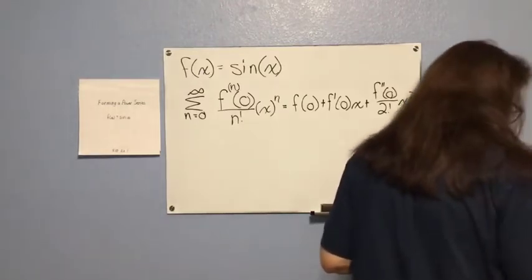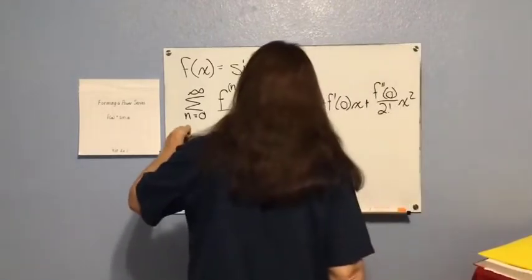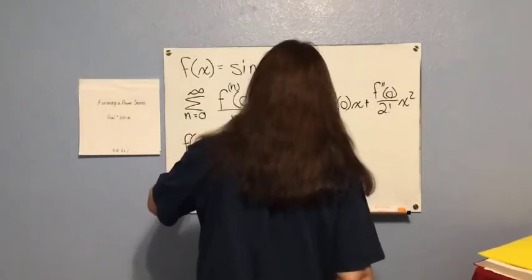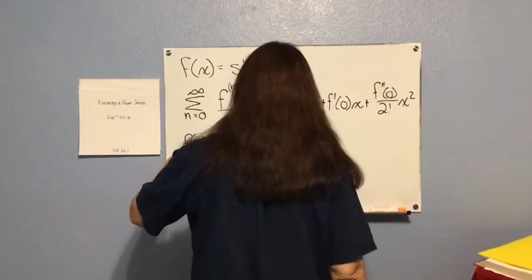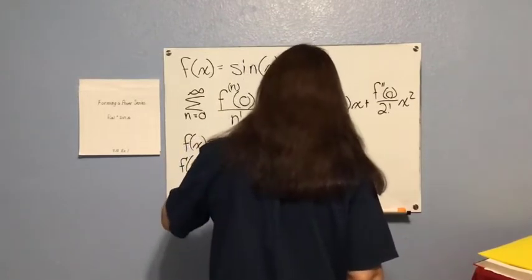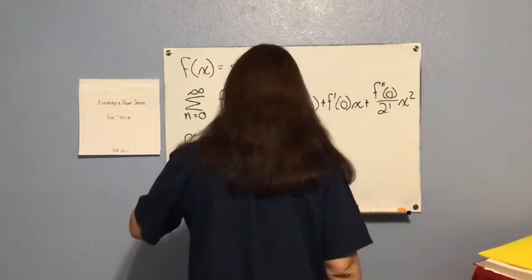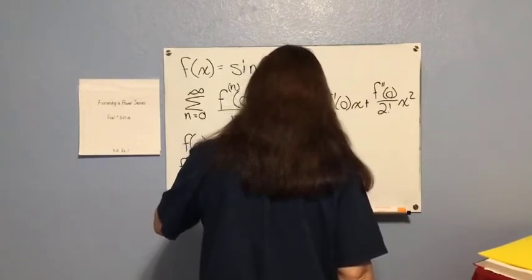So first we want to take some derivatives of f. Let's start off with f of x equals sine x. That was my original. The first derivative is cosine x. The second derivative is negative sine x.